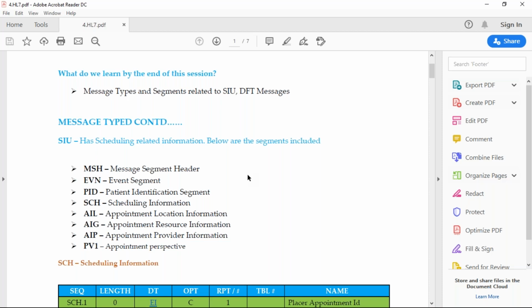We'll follow the same methodology across the board. We will be looking at the various message types, but if there is some segment which is already covered, we will be skipping that and jumping to the next segment which we did not cover.